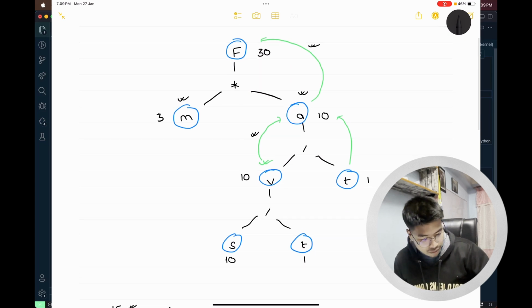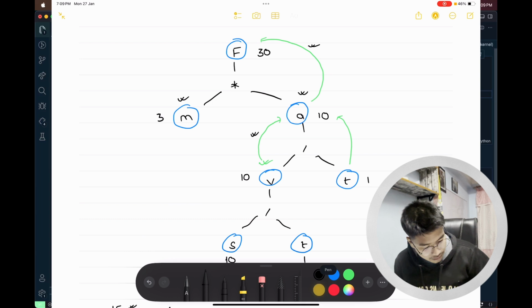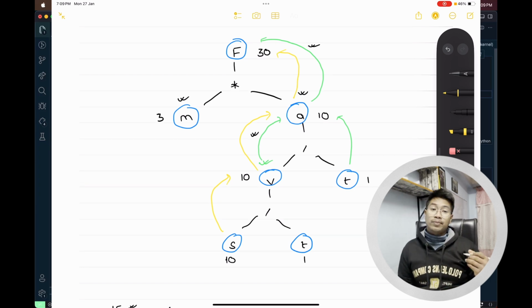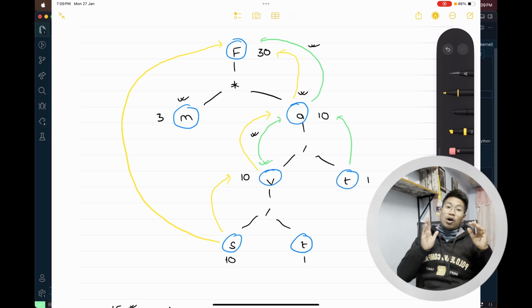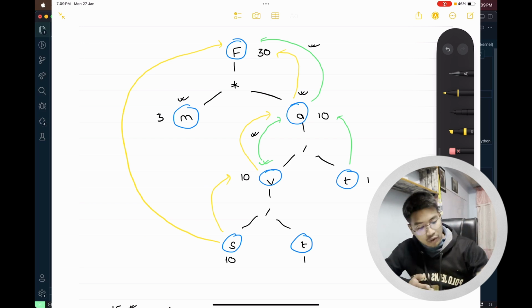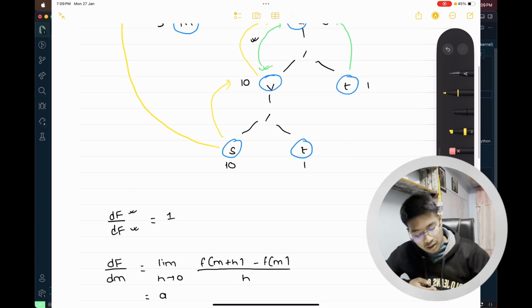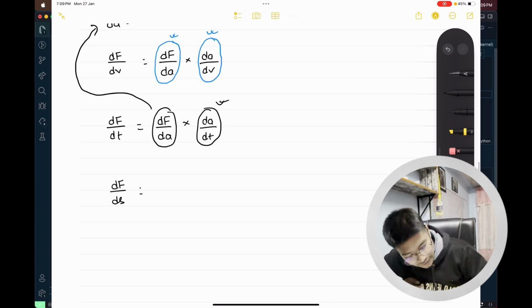So you know how your S will affect your V, you know how V will affect A, and you know how A will affect F. So therefore you should be able to derive how S is going to affect F. This is all partial derivatives and we've already done that, and the way we are going to link that is using the chain rule.